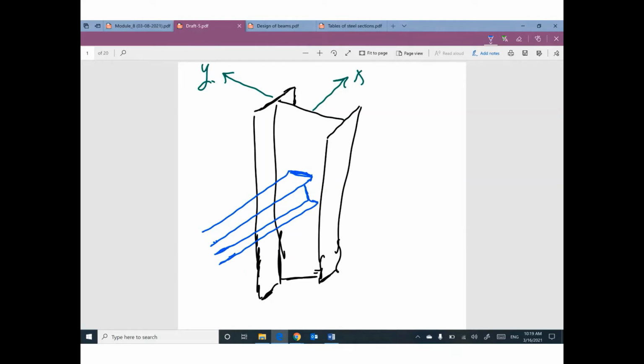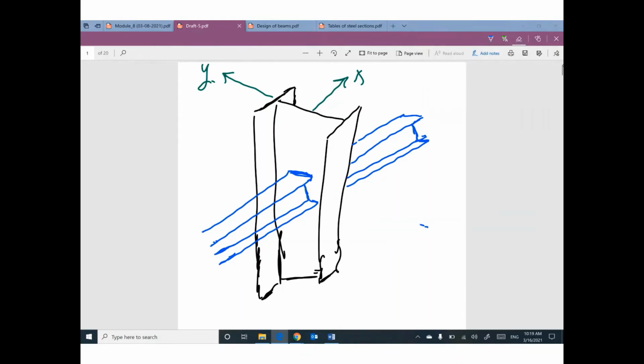Can you imagine? And this beam continues to the other side also, like this. You know, sometimes this happens, but we don't have something here, we don't have something here.